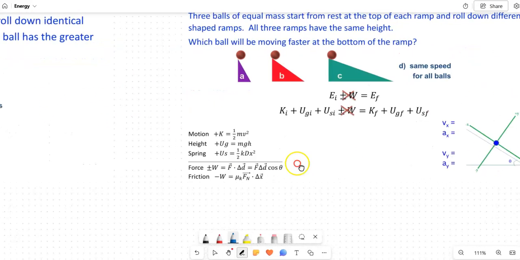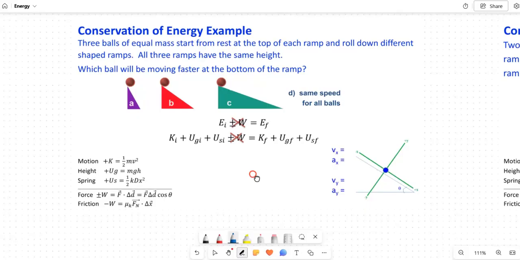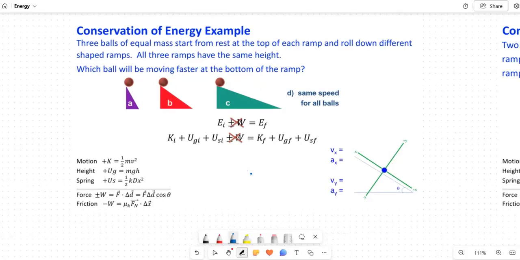Okay, well, let's take a look at this. Again, I want you to do a mini force diagram just to see what's going on with this. So let's answer which one will be moving faster at the bottom of the ramp first. Now they're all starting from the same height.